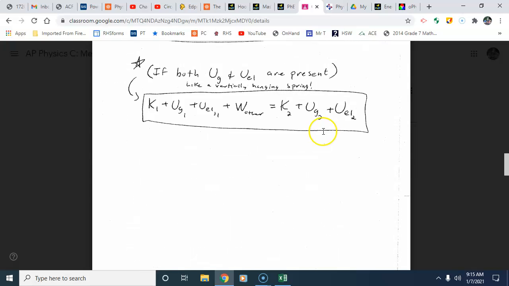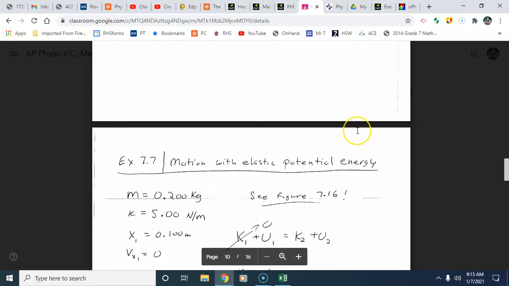As I noted in the video yesterday, I don't care how you do it as long as you get it right, but when you get these giant conservation problems that have a bunch of pieces, sometimes it is good to solve parts separately, just so you're keeping track of stuff. It could get a little overwhelming plugging everything in all at once, but that's up to you how you want to do that.